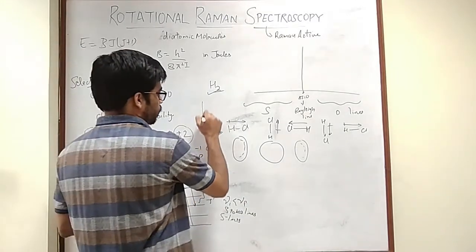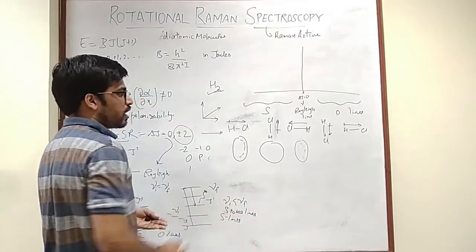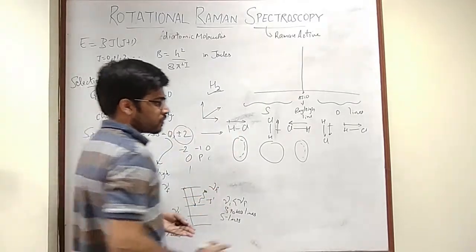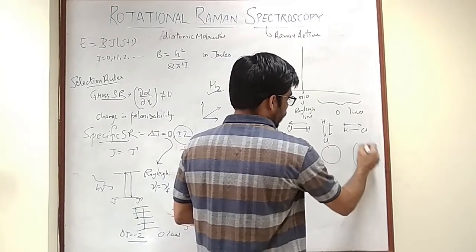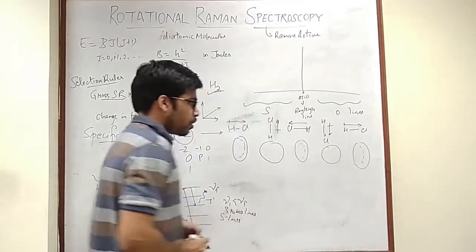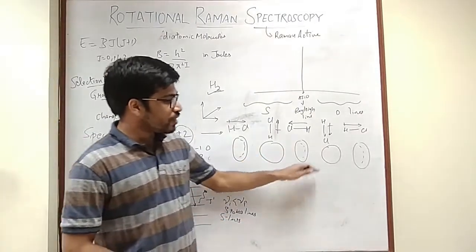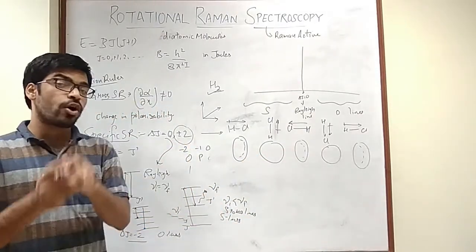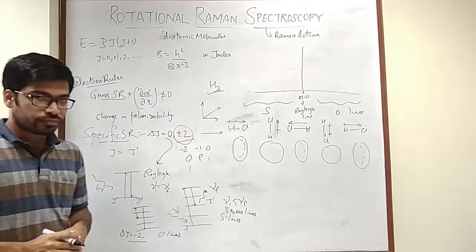Let's say in these two axes, the polarizability ellipsoid is still going to look the same. Again, just like the second case, it's going to be a sphere, and finally the first state. So in one complete rotation of a diatomic molecule, the polarizability changes periodically twice. That is why ±2. Okay.